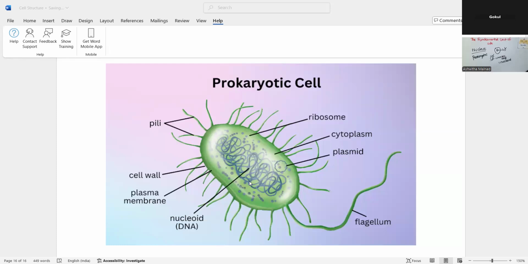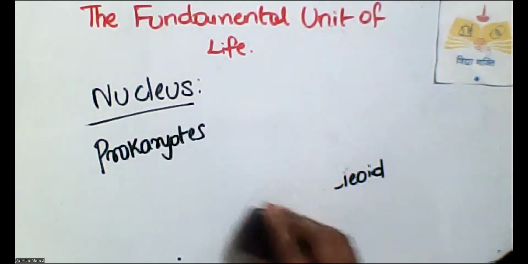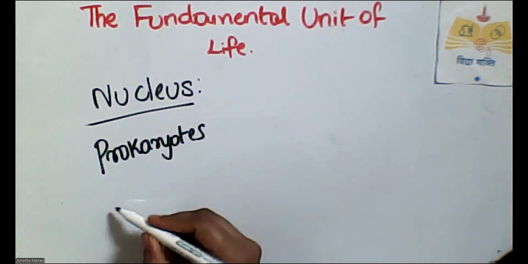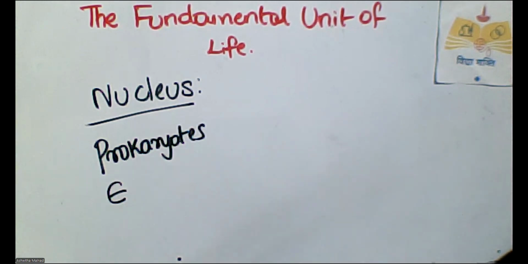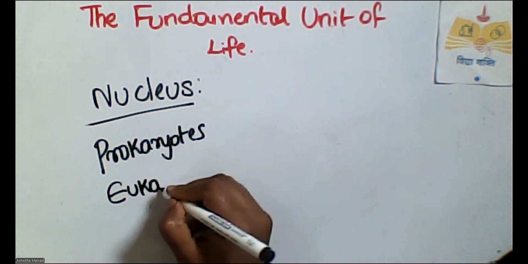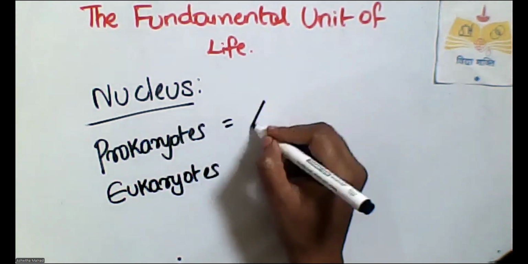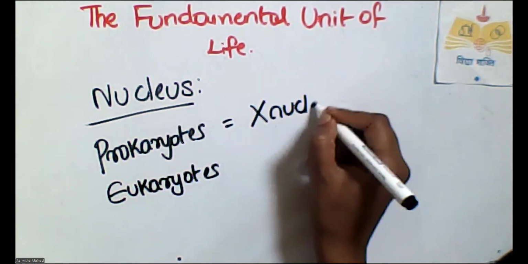This pro means primary, karyote means nucleus. Organisms with cells having a nuclear membrane are called as eukaryotes. Prokaryotes, no nuclear membrane.